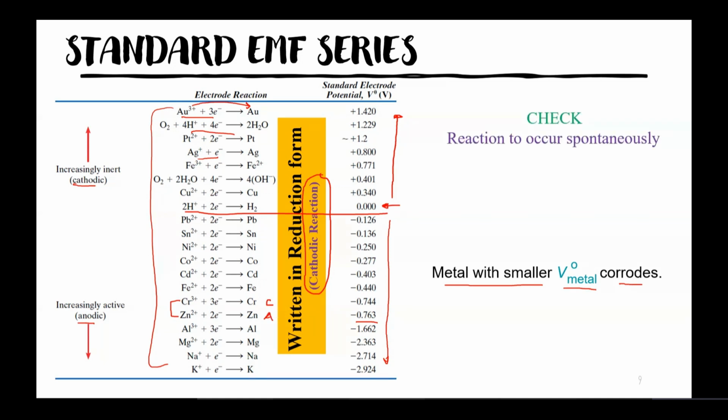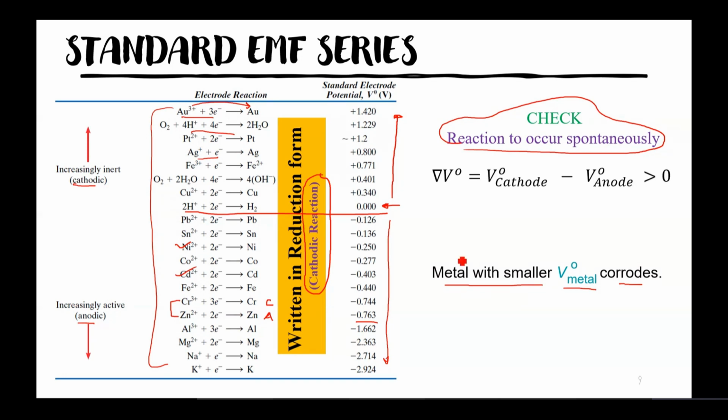Another way is to check the spontaneous nature of a reaction. Let's say you have nickel and cadmium connected together. You assume any one of them as the cathode. Let's say I assume cadmium as the cathode and nickel as the anode. This is my assumption at the moment.